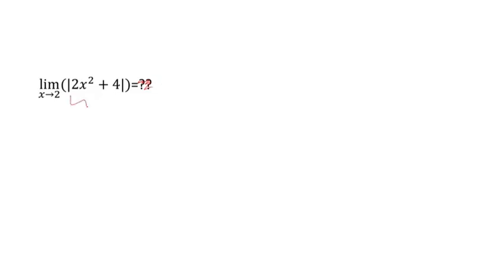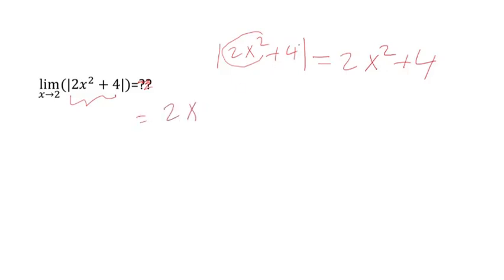So notice here, the absolute value of 2 times x squared plus 4. 2 is positive, times the square, we know this is positive, plus 4 is positive. So really this can be just written as 2 times x squared plus 4, because this entire thing is positive, so we don't have to worry about the sign.